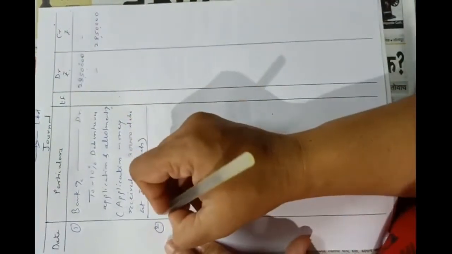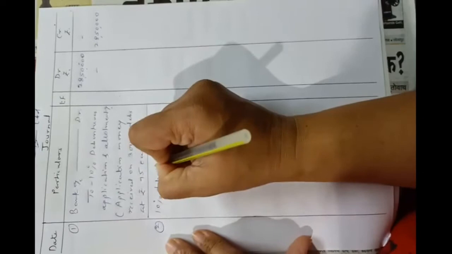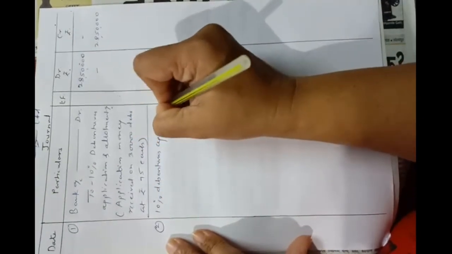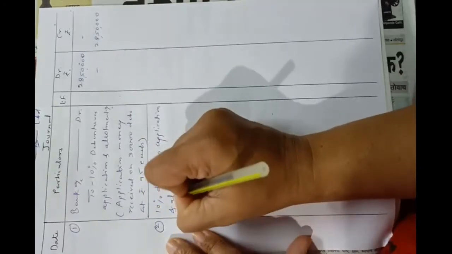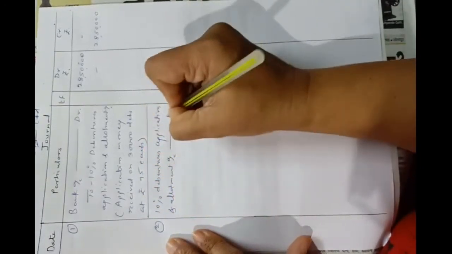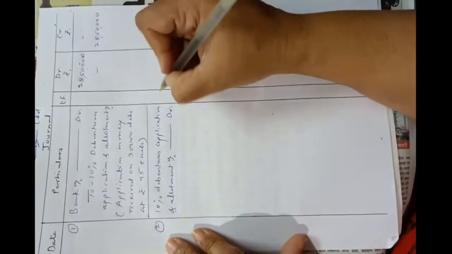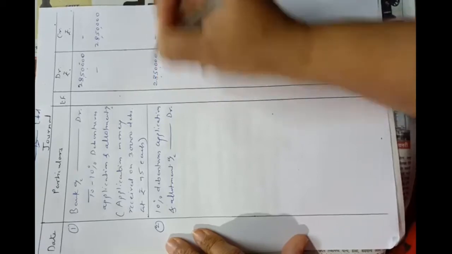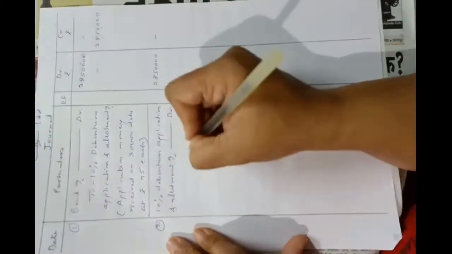So here the entry will be debenture application and allotment account debit, amount is 28,50,000. Discount on issue of debentures account debit.